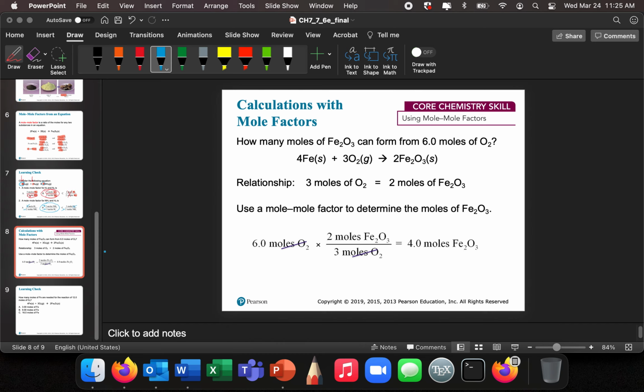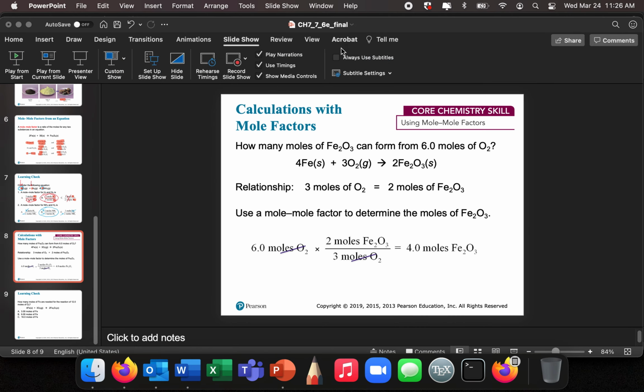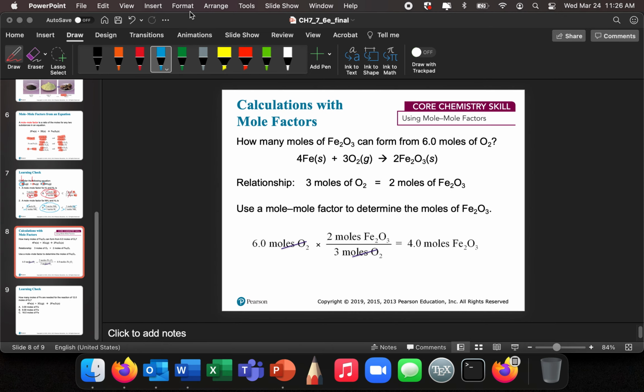How many moles of iron(III) oxide can form from 6 moles of O2? So let me go back here to draw. The core chemistry skill is we're using mole factors here, right? How many moles of iron(III) oxide can form from 6 moles of O2?